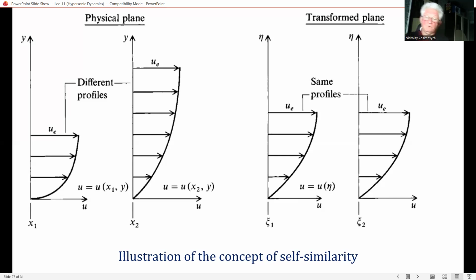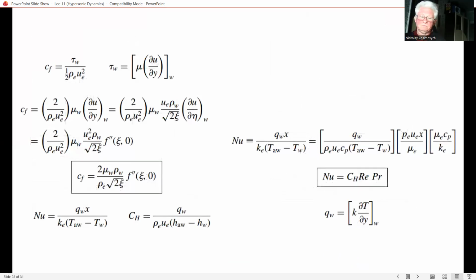From the point of view of applied problems, this is the real payoff from a boundary layer solution, because the local skin friction coefficient is related to the second derivative of f, and the local heat transfer rate at the surface is related to the g first derivative. And these relations are obtained as follows.